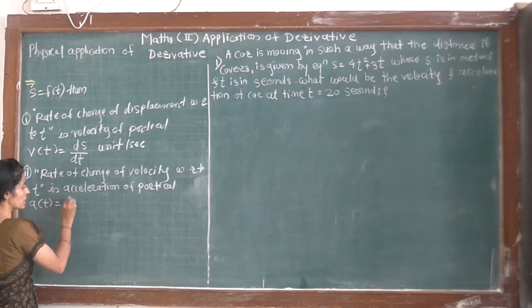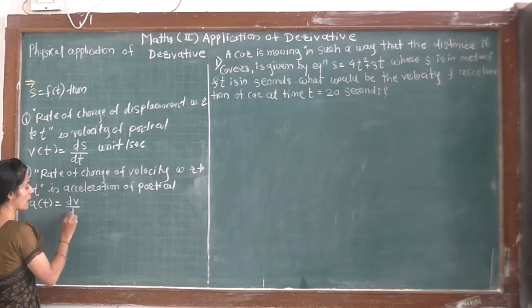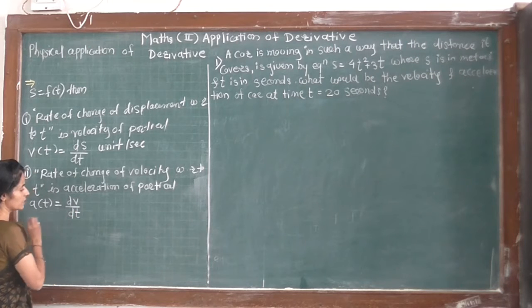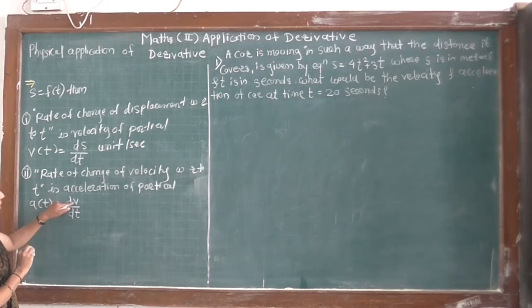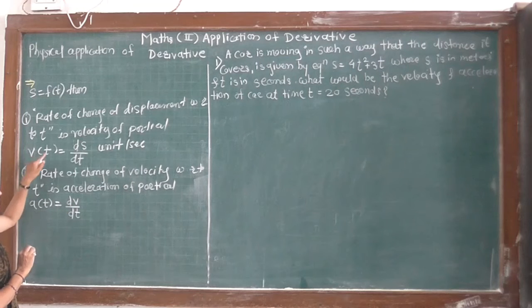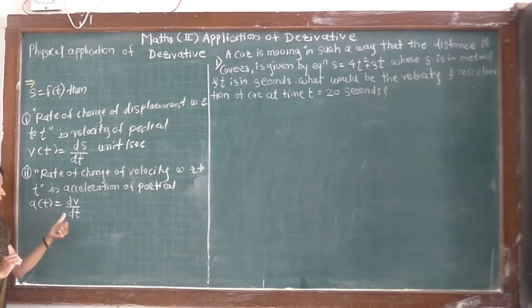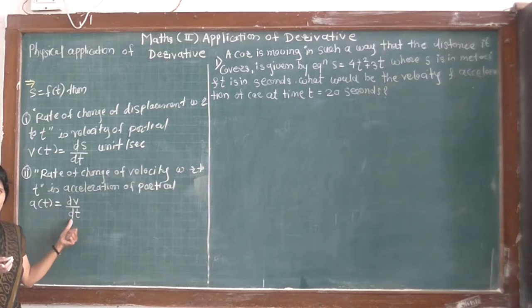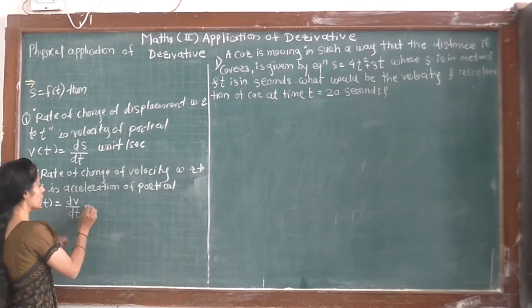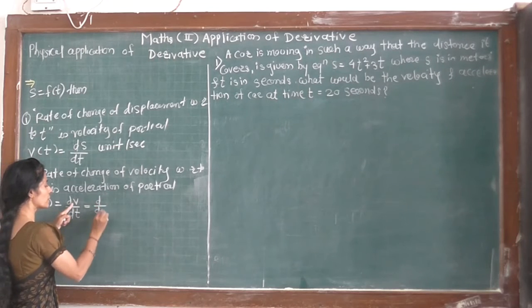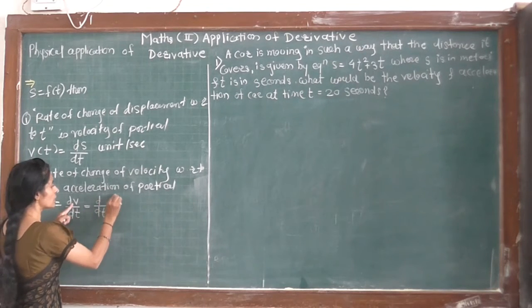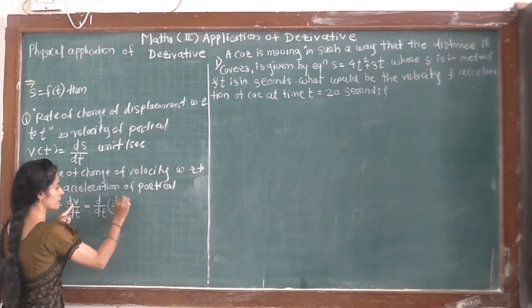So we can write it as dv by dt. But the value of v is nothing but ds by dt. So acceleration is the first order derivative of velocity, and if we put the corresponding value of v, this is d by dt of ds by dt.